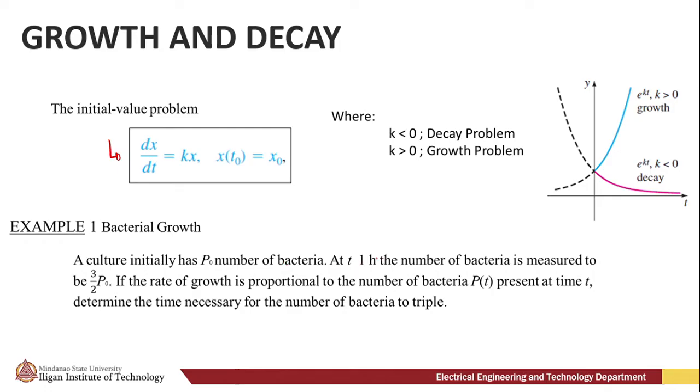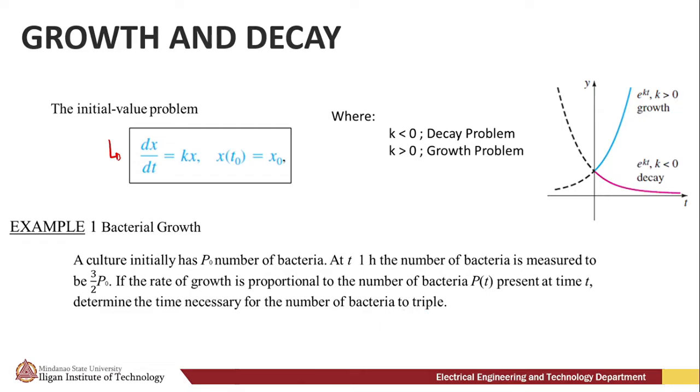At t equals 1 hour, the number of bacteria is measured to be 3/2 of the initial population. If the rate of growth is proportional to the number of bacteria P(t) present at time t, determine the time necessary for the number of bacteria to triple.